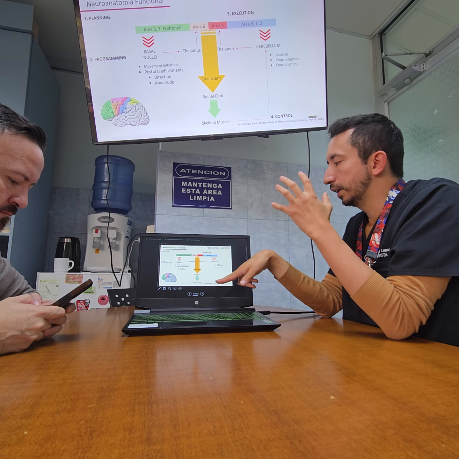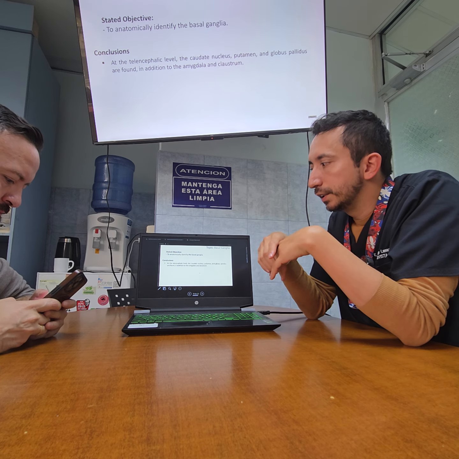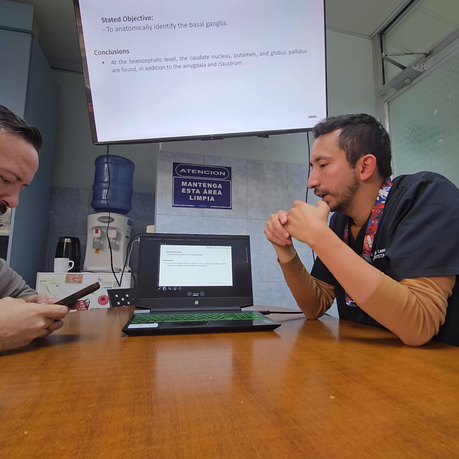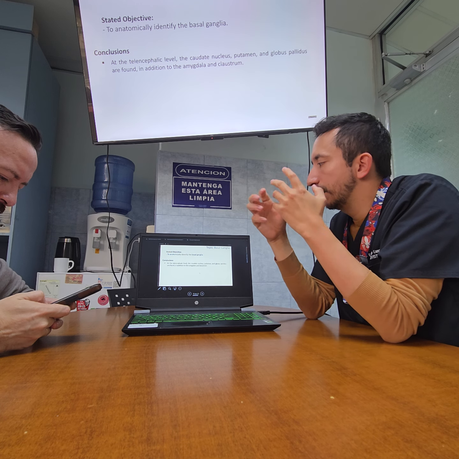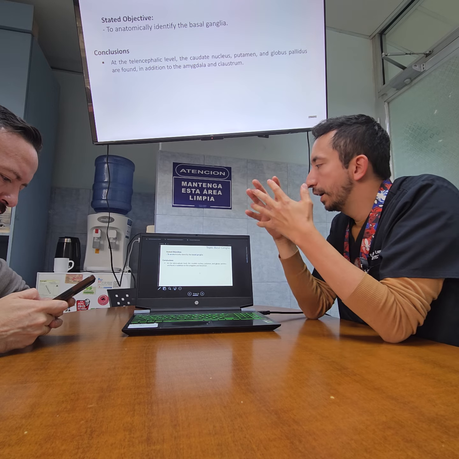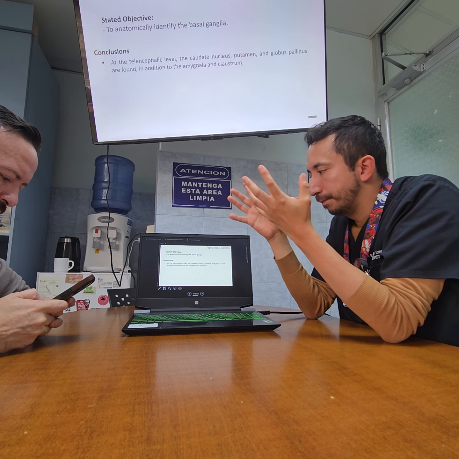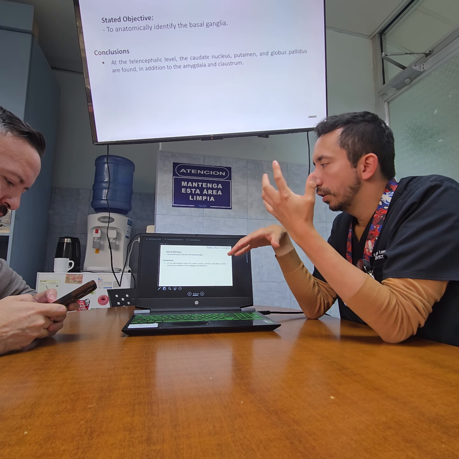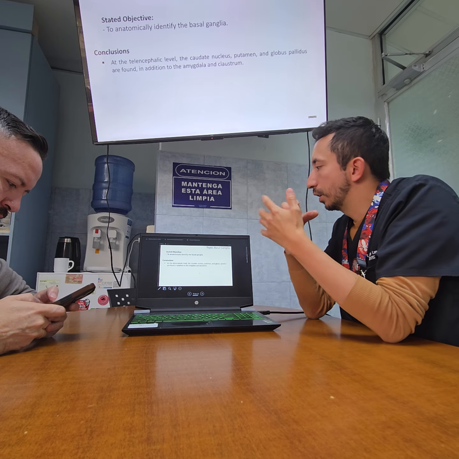So I think that's all that I want to show you. In the conclusions, the first one: at the encephalic level we can identify the main basal ganglia structures, the caudate nucleus, putamen, and globus pallidus.